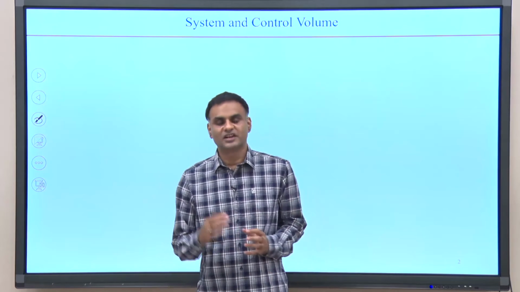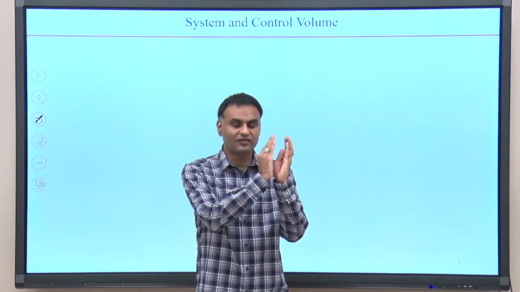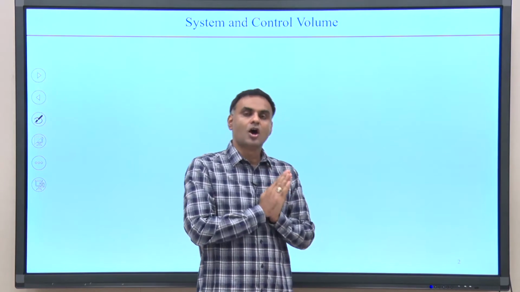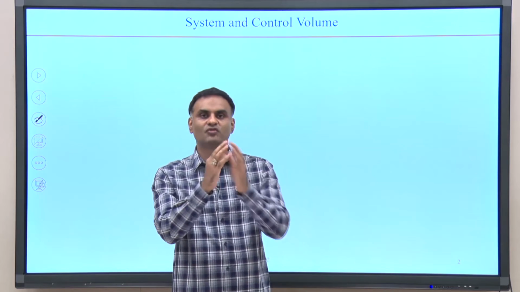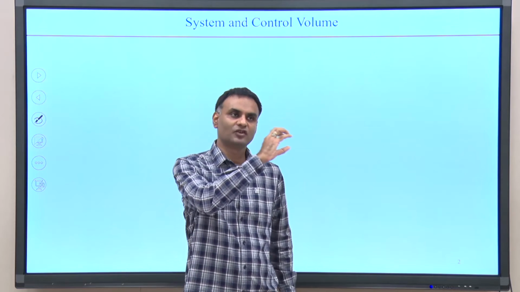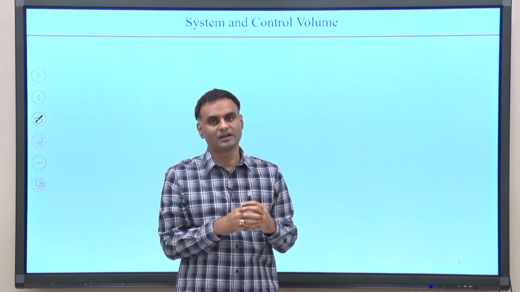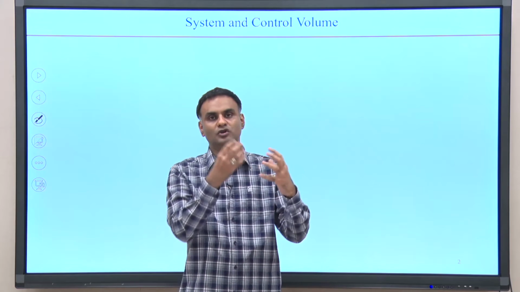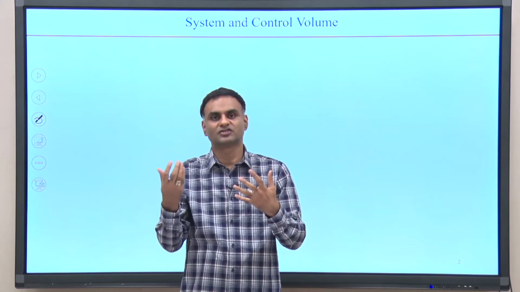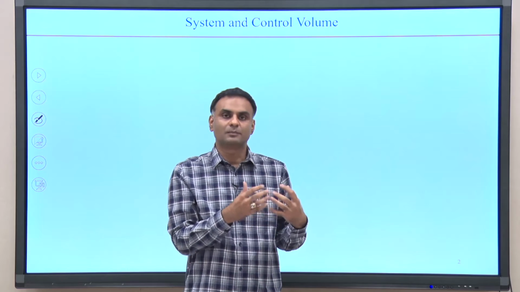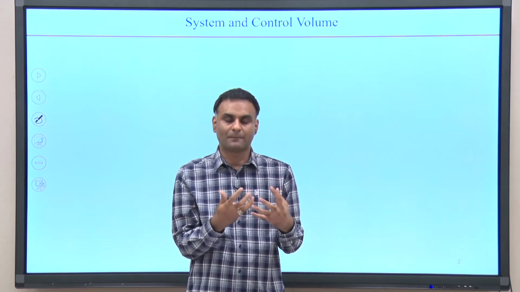The Lagrangian approach is when we identify a fluid particle and move with it. We are looking at the motion of a fluid particle or a number of individual fluid particles. When we follow those particles and look at their velocity field, that approach is the Lagrangian approach.